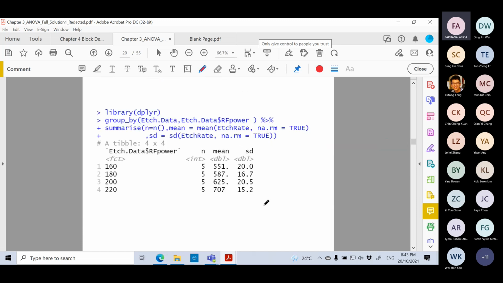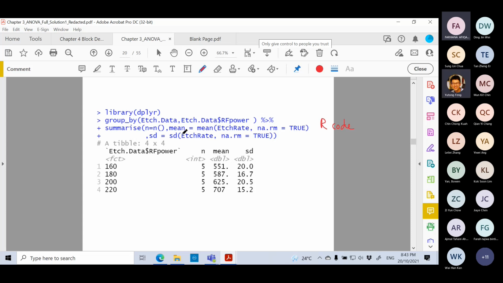So here I actually show you something. All the code here is actually from R, but I do not require you to use R to do the computation. If you have any statistical software and you want to produce a result, you can also do that.